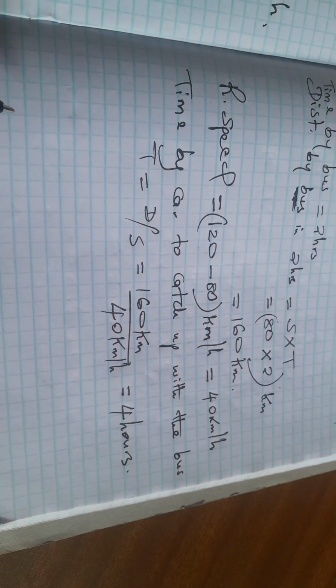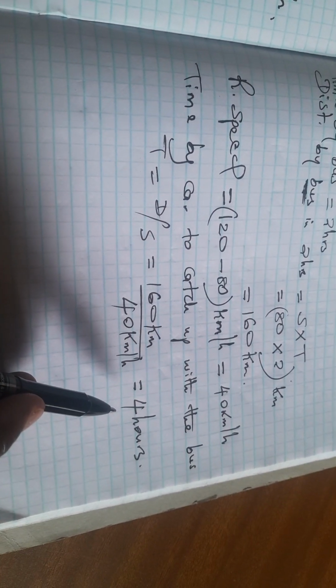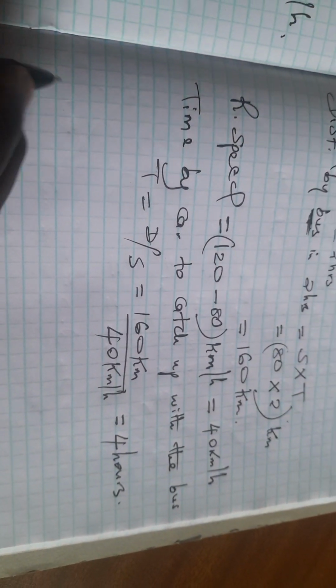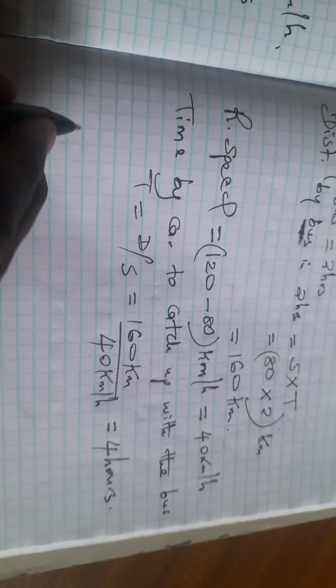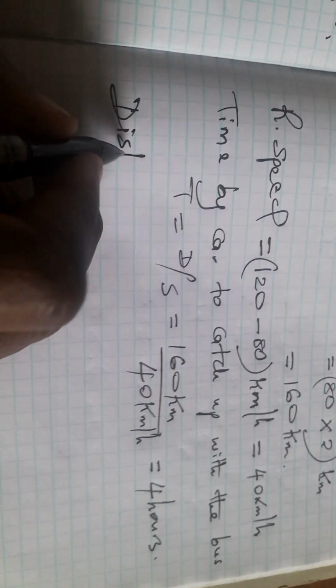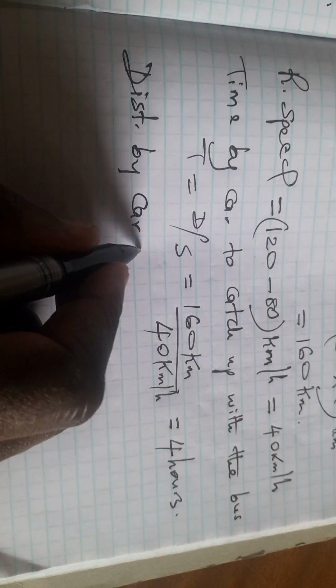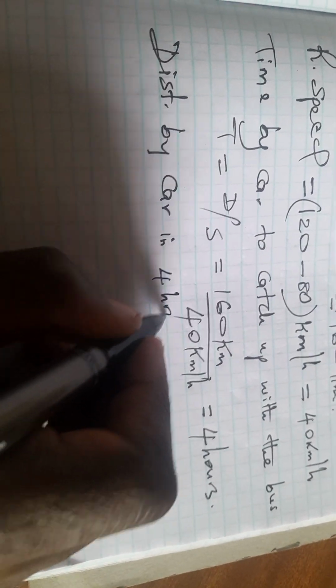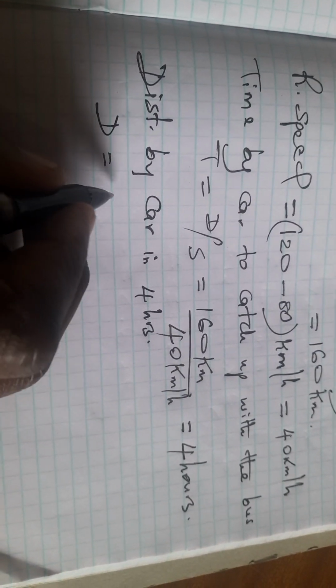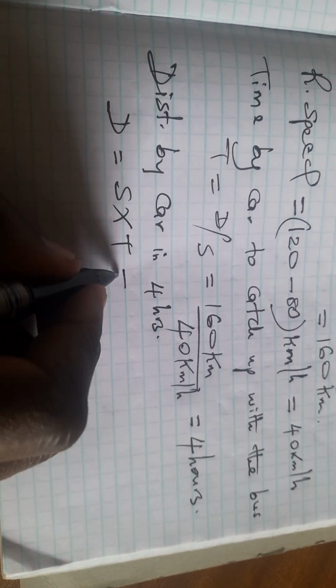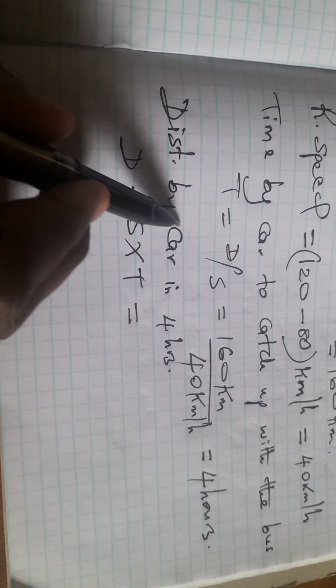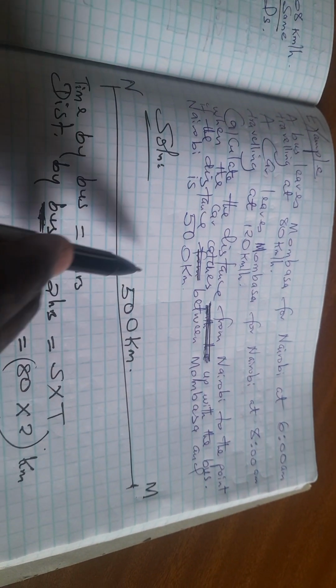Now from here we can get the distance covered by the car in 4 hours, because it has to catch up with the bus, so it is covering some distance. And what is that distance? So the distance covered by the car to catch up with the bus, that is in 4 hours. Distance is given by speed times time. And since we are talking about the car, we use the speed of the car, which is 120 kilometers per hour.